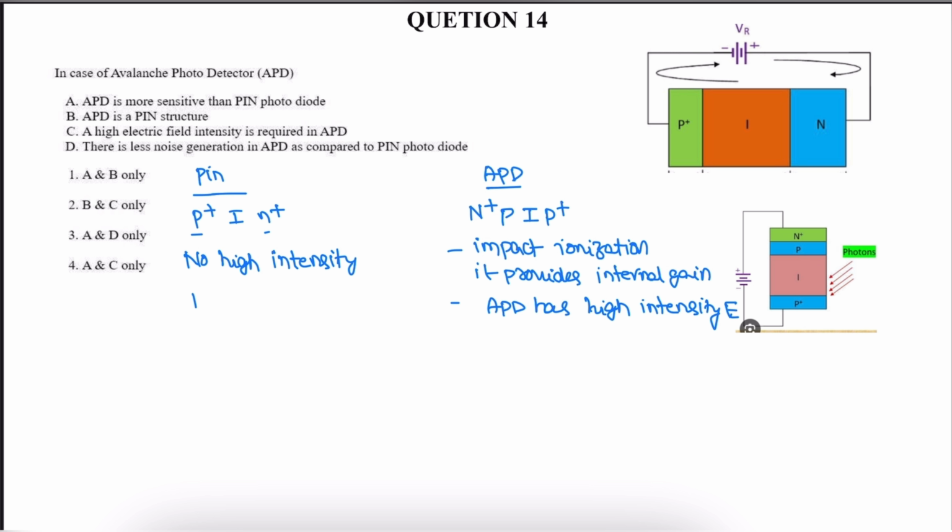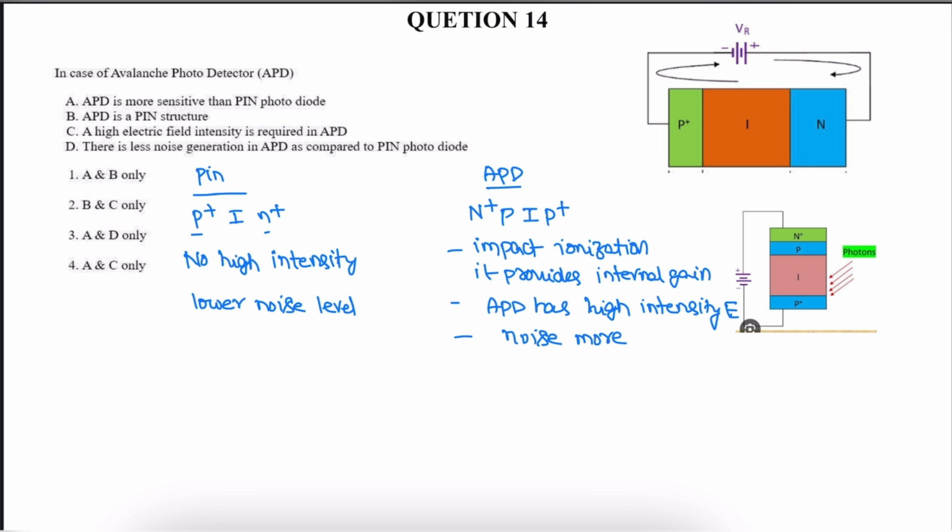The PIN diode exhibits lower noise levels, but due to internal gain and impact ionization, noise is relatively more in the APD when compared to the PIN diode.